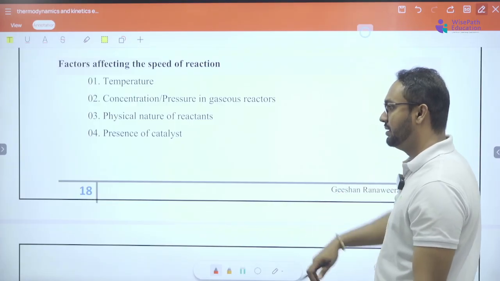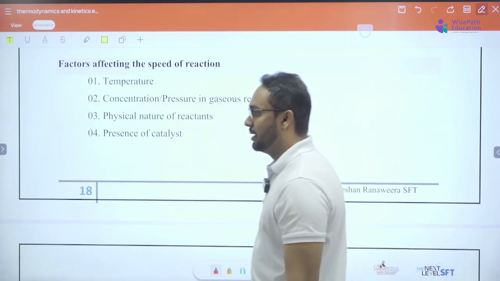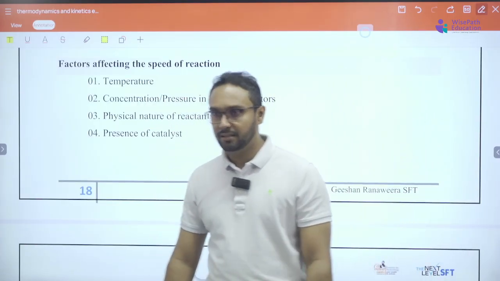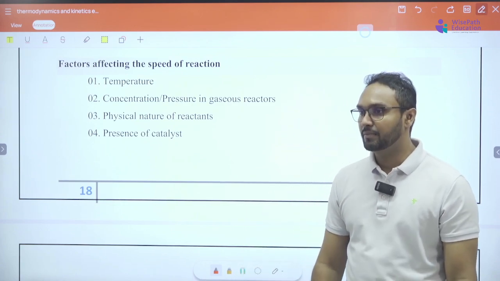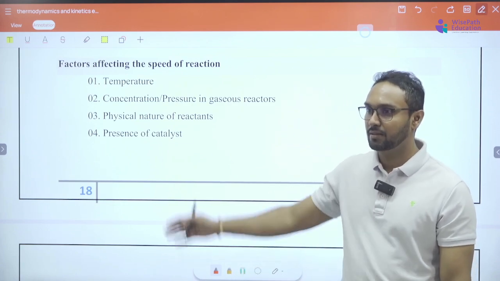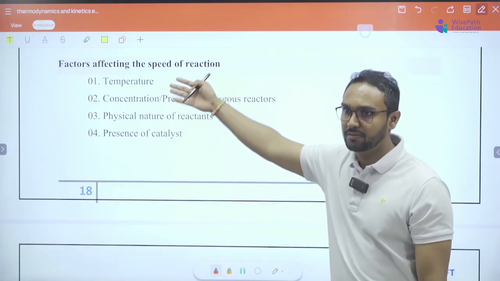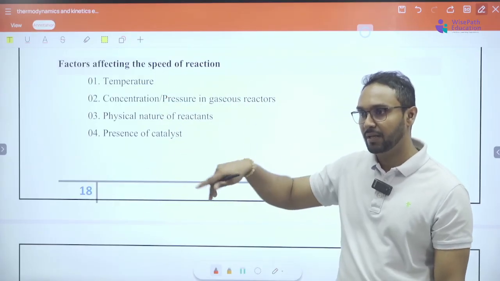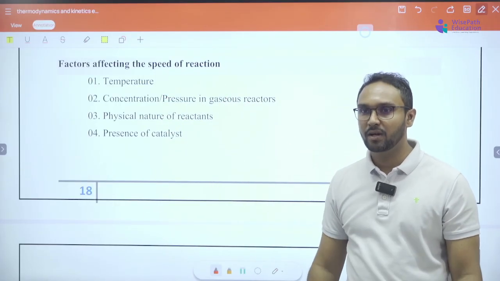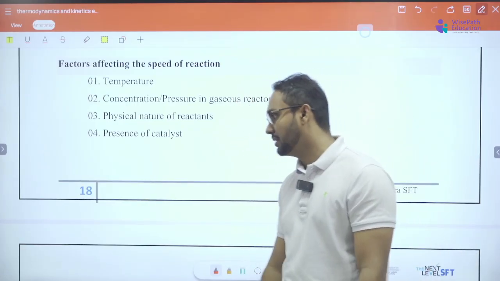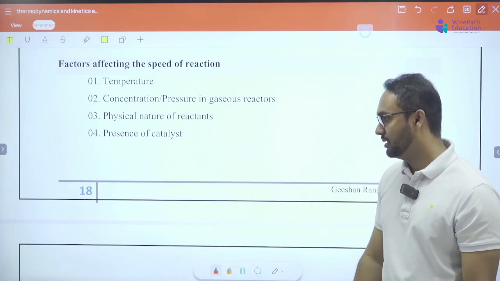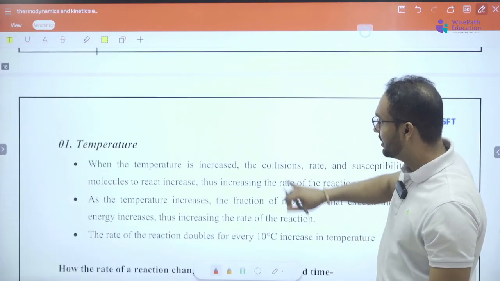Online people, did you understand that? To explain the improvement of the rate of reaction because of these factors, you have to use the collision theory. If you are asked to explain it, you have to explain it using the collision theory. Come to temperature here.